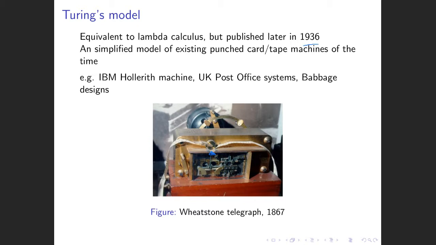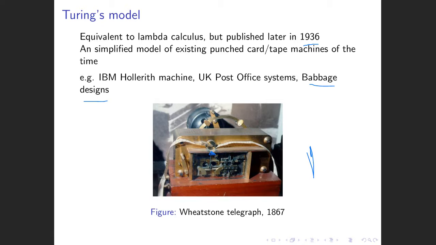So back in computer architecture, we looked at the Babbage engines. The Babbage design is a full-on modern CPU architecture made out of this kind of paper card mechanical technology. So Turing would have been aware of that.